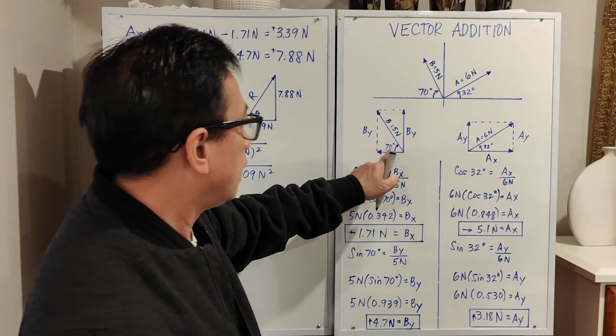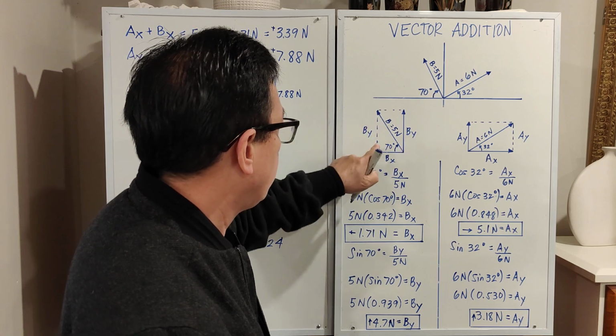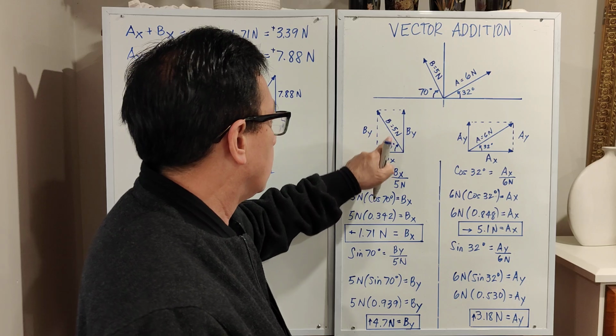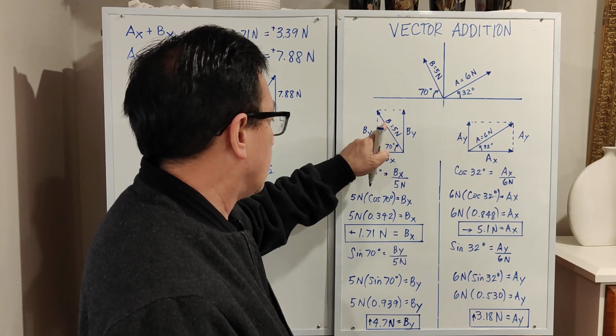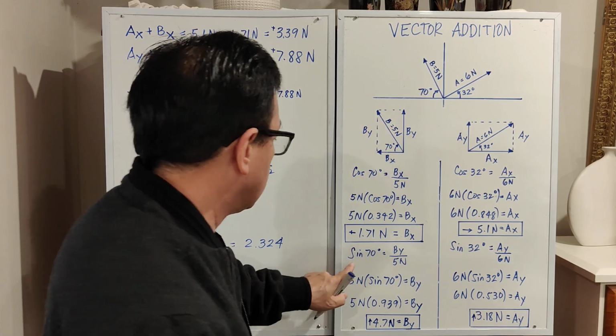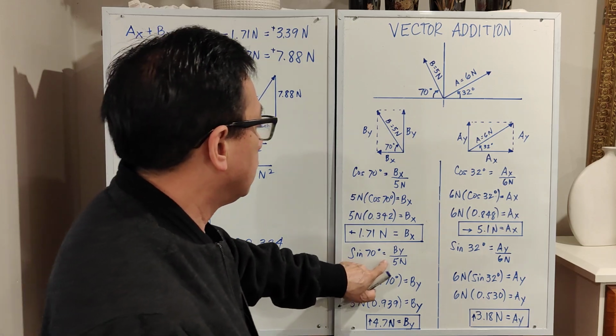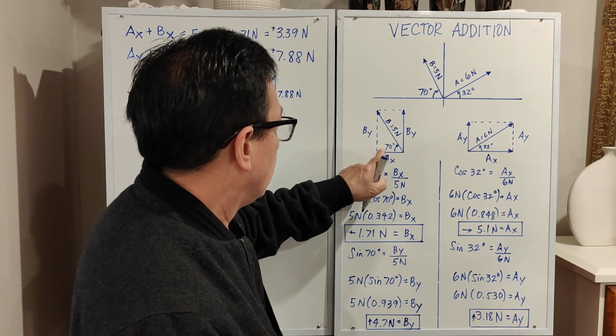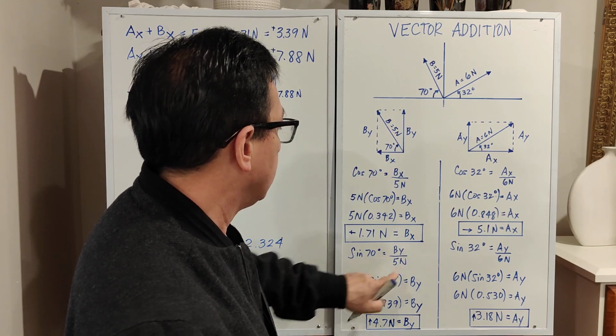To get the vertical component, which is this one, if this is your angle, this is opposite over hypotenuse, so that is sine. So sine 70 is equal to opposite, which is By, the vertical component, over 5 newtons.